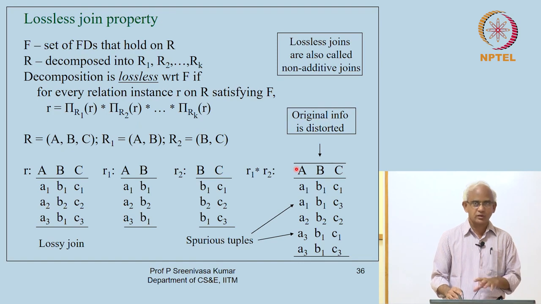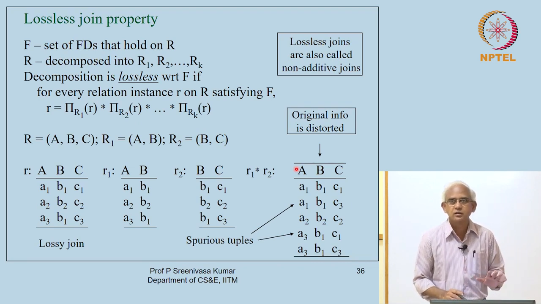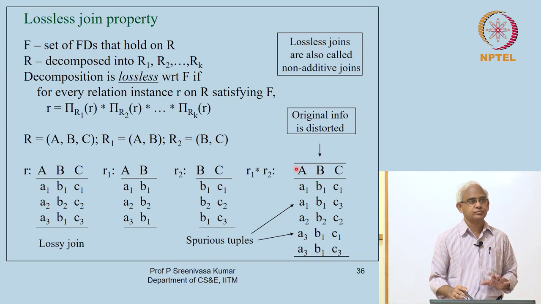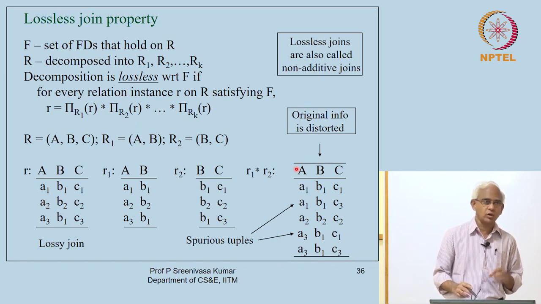So, when you take the decomposed relations and do a natural join, you must get back exactly what is there in R. You should not get additional tuples. If there are additional tuples, then we say that there is actually a loss of information there. So, we call such a decomposition a lossy decomposition.